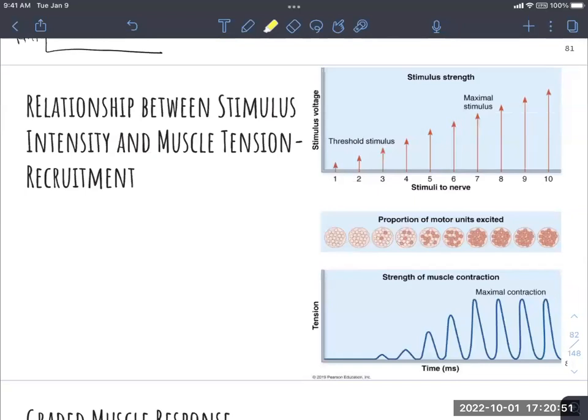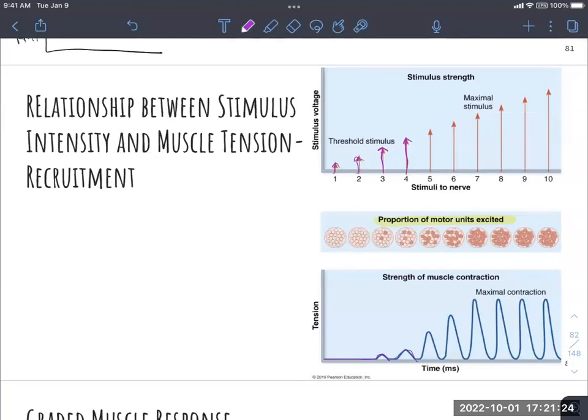How many muscles are recruited for each? In the beginning, you can see there's no stimulus that's going to produce a contraction, because up here, nope, that's not threshold. Nope, that's not threshold. Oh, look, we just hit threshold. There was a contraction. Then the next one goes above threshold, giving us another contraction, with more muscle fibers recruited.